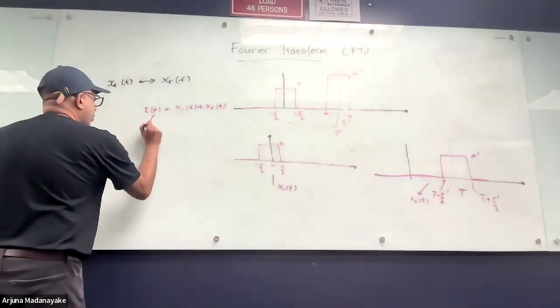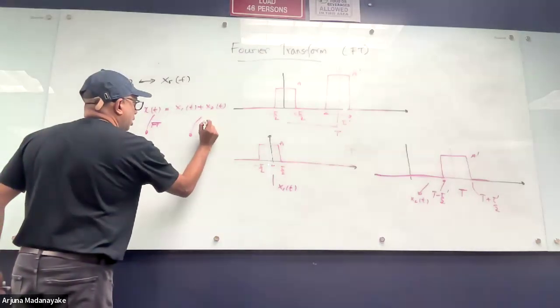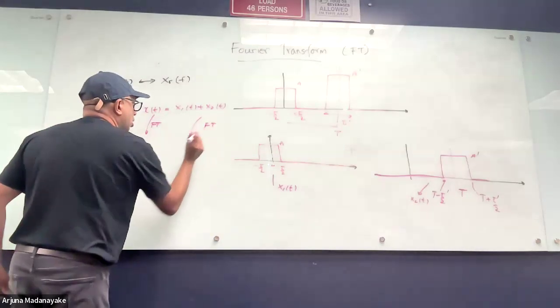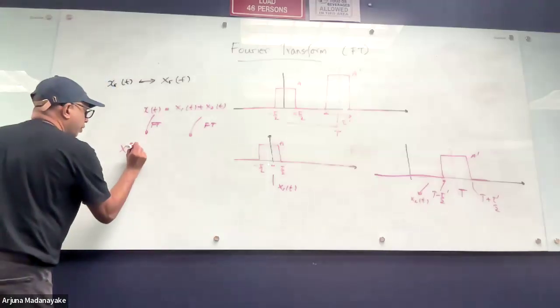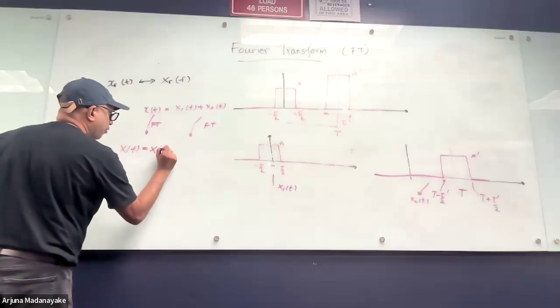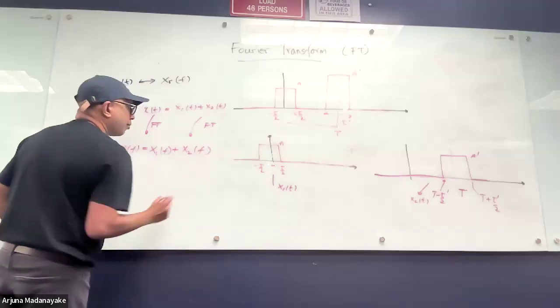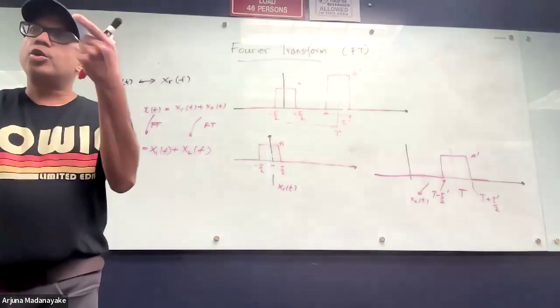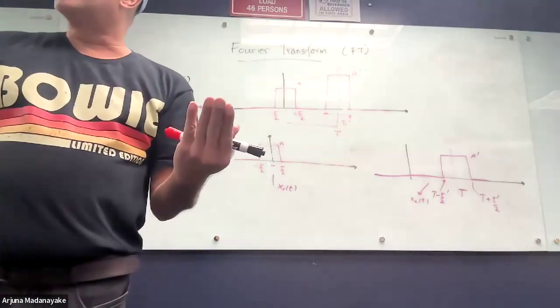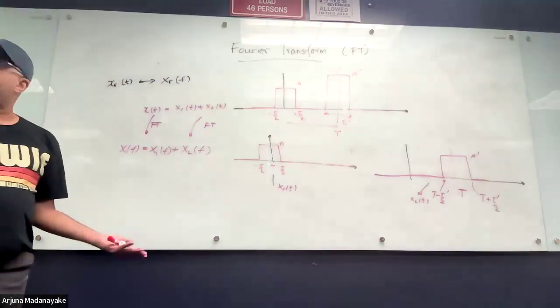So I can take the Fourier transform of this, which means I have to take the Fourier transform of the right-hand side also. X of f is equal to the first Fourier transform, capital X1 of f, plus the second Fourier transform, capital X2 of f. Two individual waveforms, individually Fourier transformed and added, because in the time domain the same operation is happening.